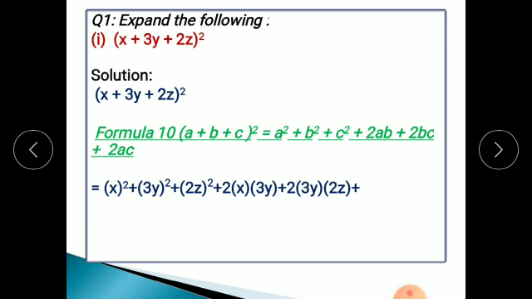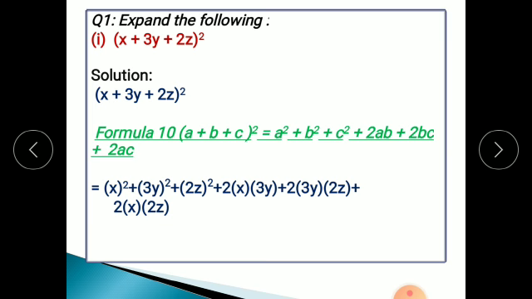And then with plus 2 we have to find the product of ab, means the first term and second term will be multiplied by plus 2, so we have written here plus 2x multiplied by 3y. Then the second and third term, so with plus 2 multiply the second term and third term, and then plus 2 first term and third term.